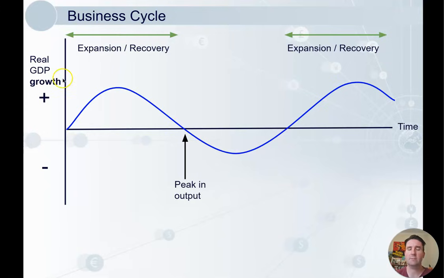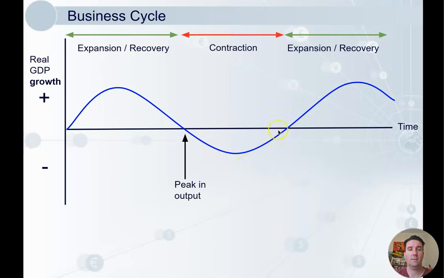This takes people a little bit to get their head around, but the peak in output will actually be here, because it's growing. It's growing at a slower rate, but it's growing until here where it goes negative. So this is where the peak would have been in the other model, right? So the bit that looked like that in the other model is here, actually, because it's just before the economy starts shrinking.